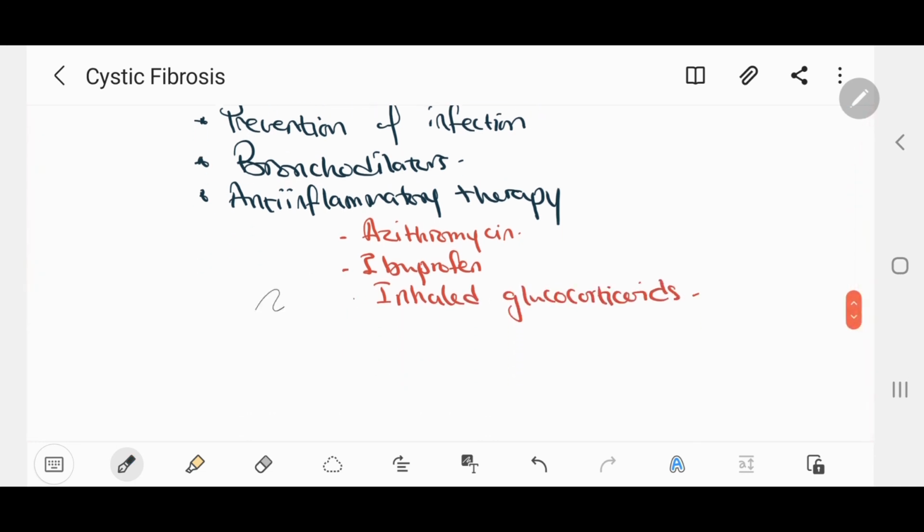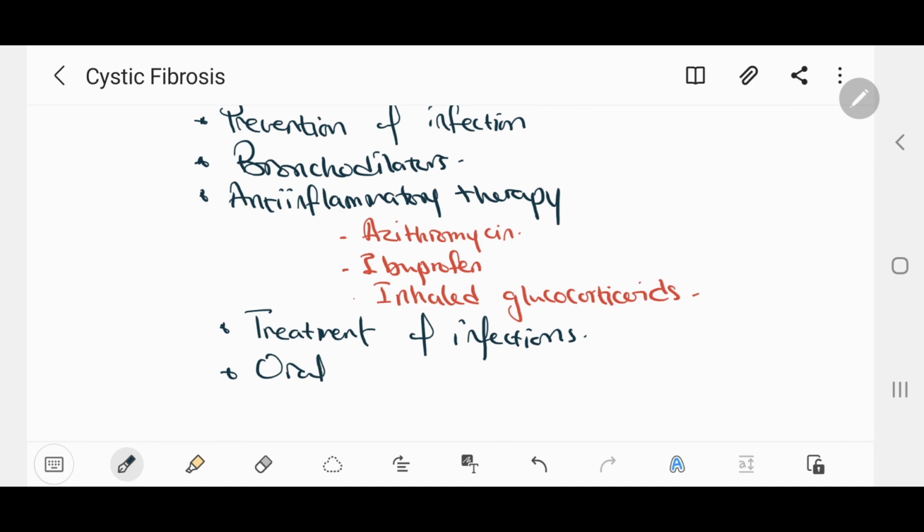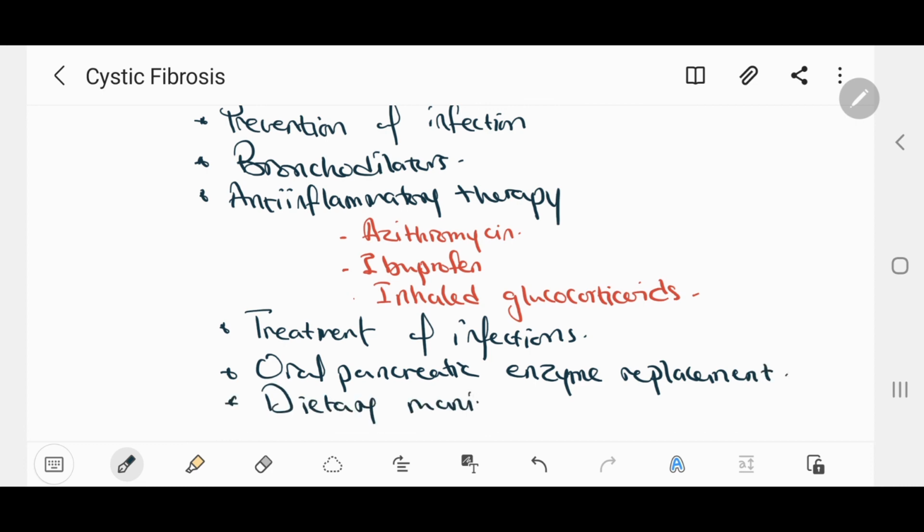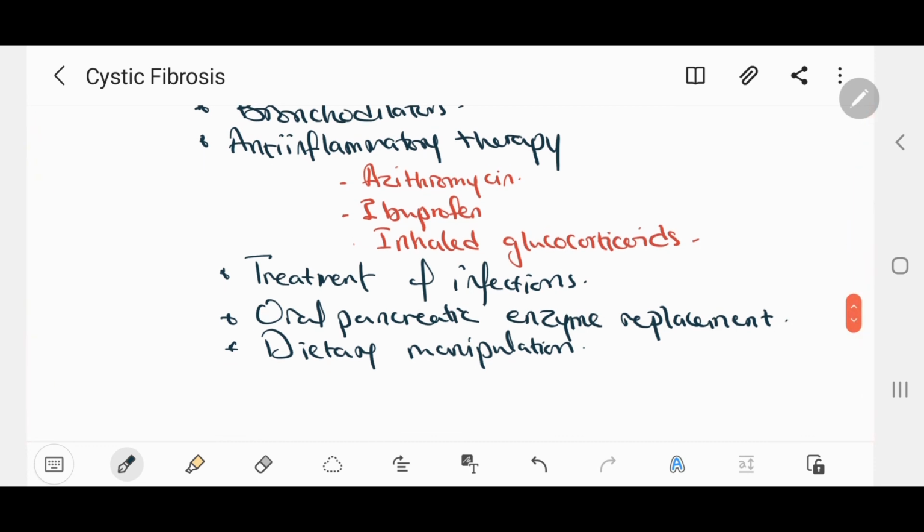We also treat any infections and oral pancreatic enzyme replacement. Dietary manipulation can also be helpful, and lung and liver transplantations are considerations.